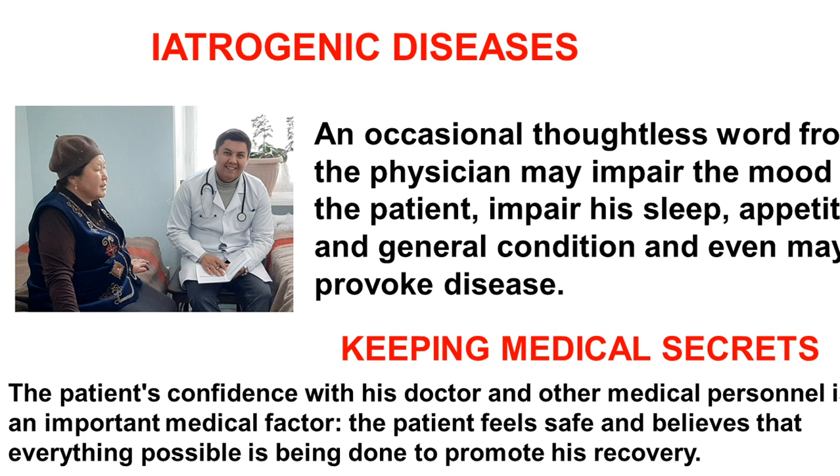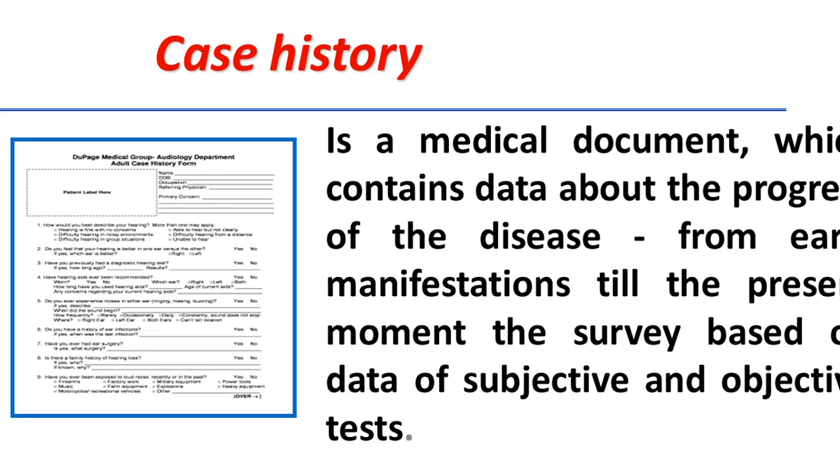And during our interaction, we should always keep medical secrets. Case history is a main medical document which contains data about the progress of the disease from early manifestation till the present moment. It is based on data of subjective and objective tests.